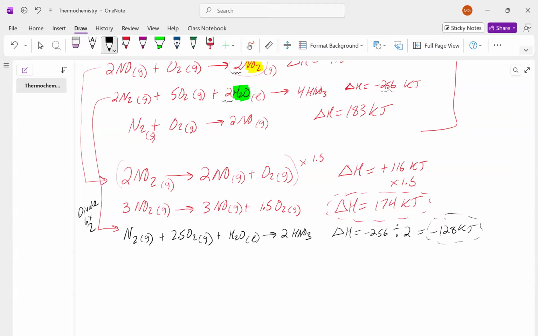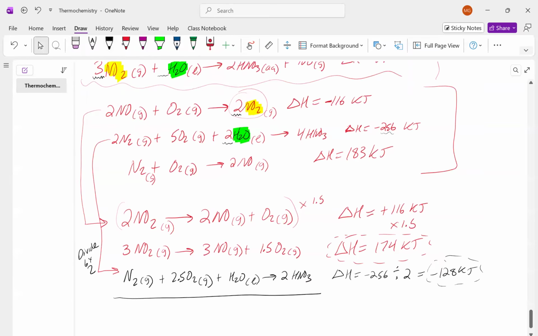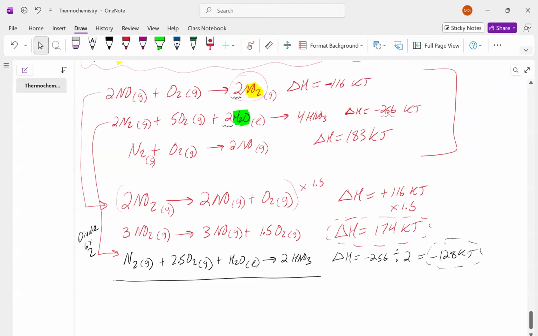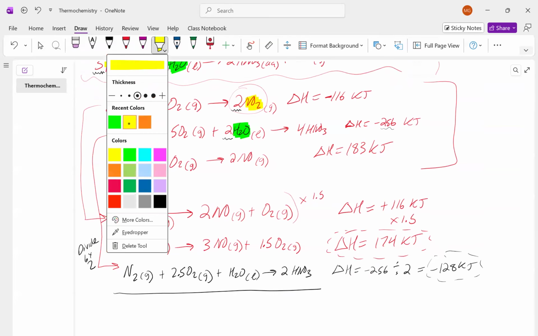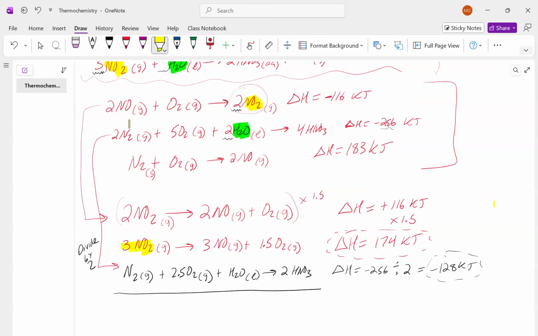All right. And now what I'm going to try to do here is sum up these first two equations. Because notice that I have my reactants taken care of. I have NO2 here as a reactant.